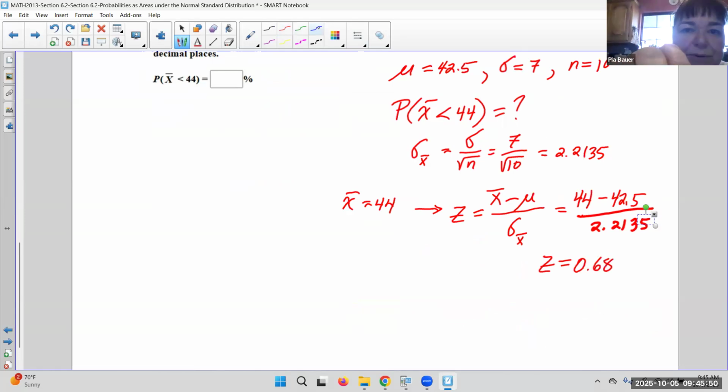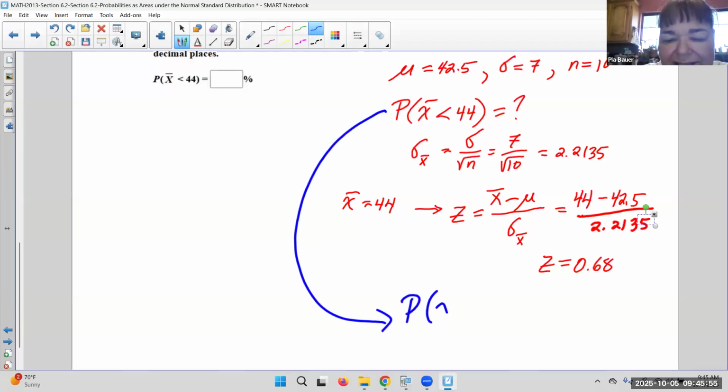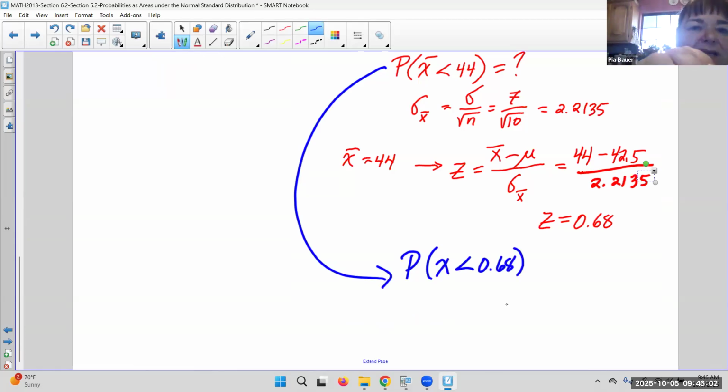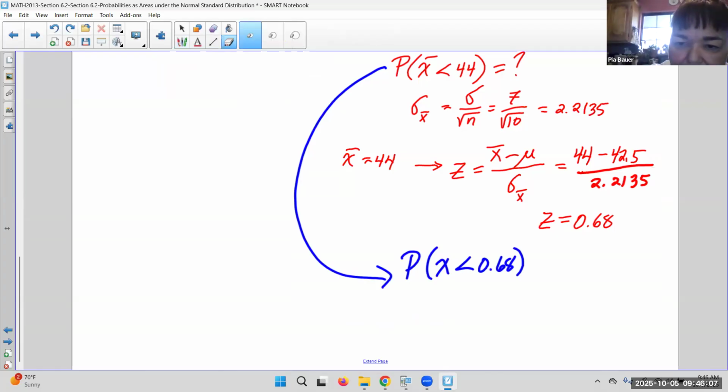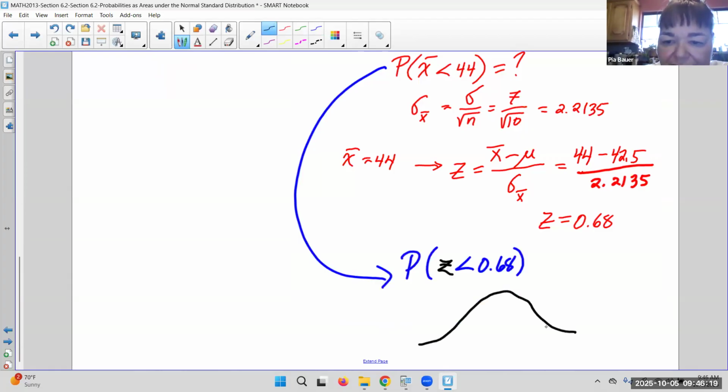So then this probability becomes the probability that Z is less than 0.68. When you think about the graph, here is Z. I'm going to exaggerate this.